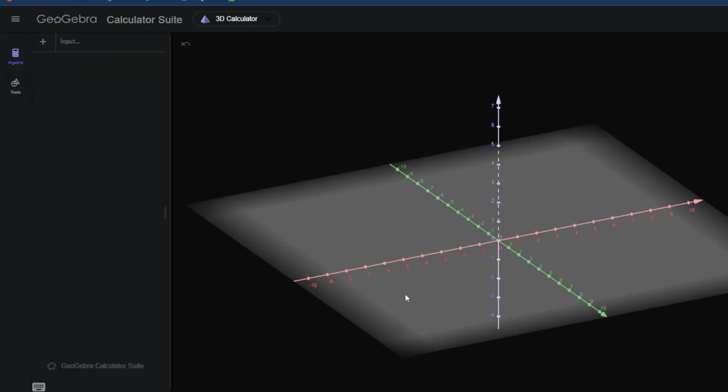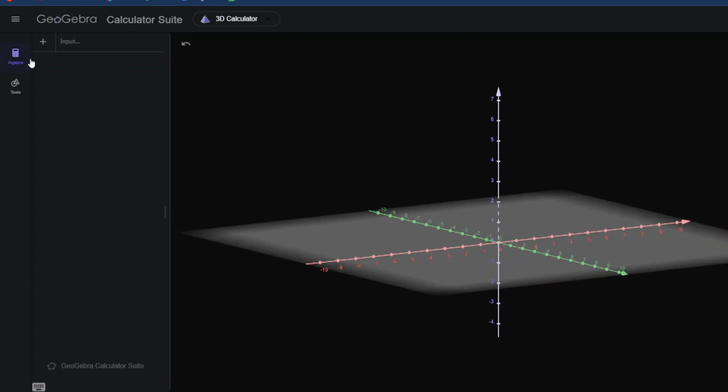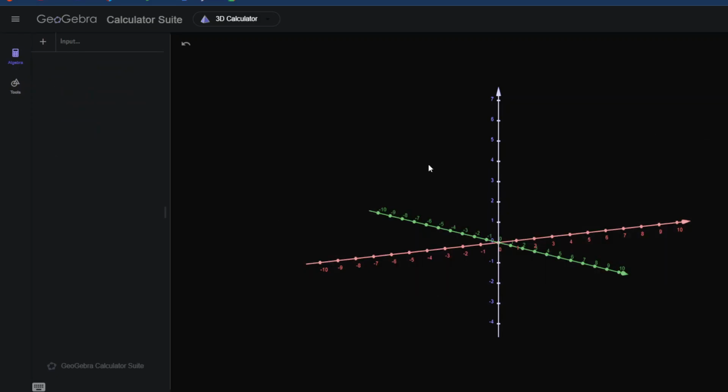It has this plane on by default, which I had turned off. I believe in the settings you can turn off the show plane part, which is on the right side of the screen. So we just put in the function f of x equals 1 over x, and then you can specify the bounds. So here x is between 1 and 2.